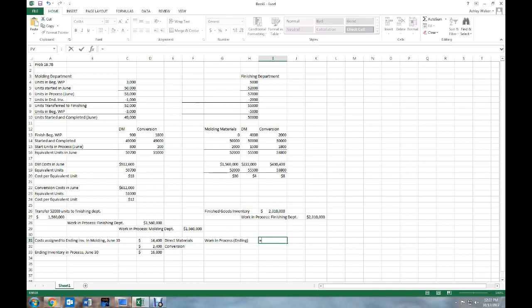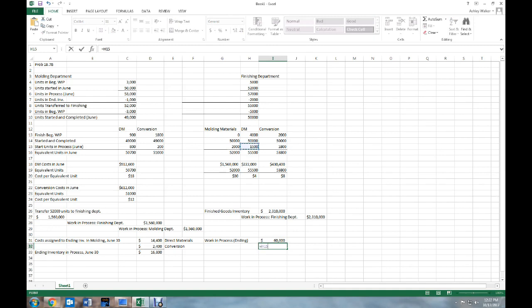Let's do this. So our molding materials cost $30. Oops, sorry, I just realized I typed 40. $30. 60 grand there. 2,000 units, or 1,500 units, sorry.